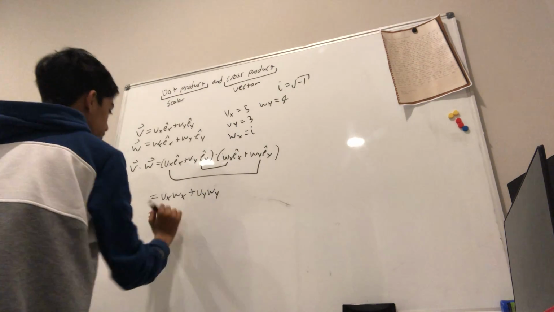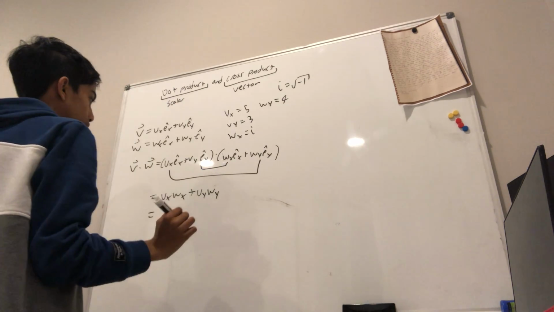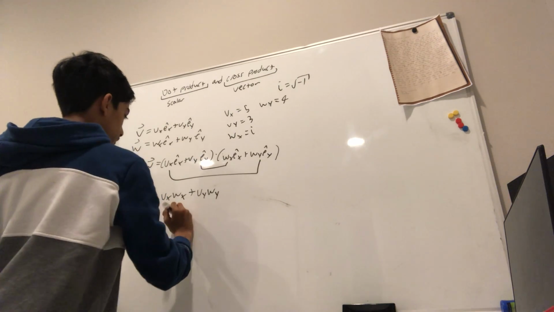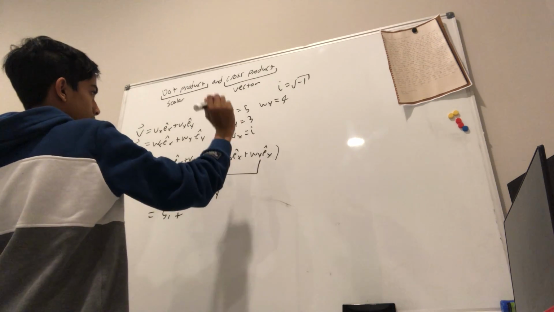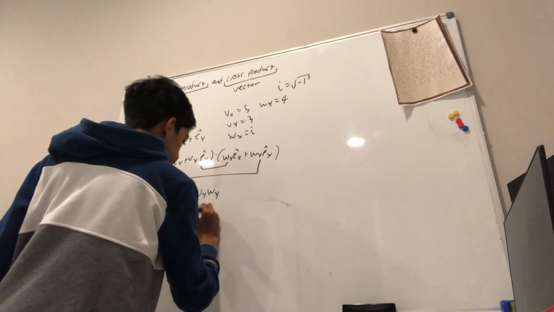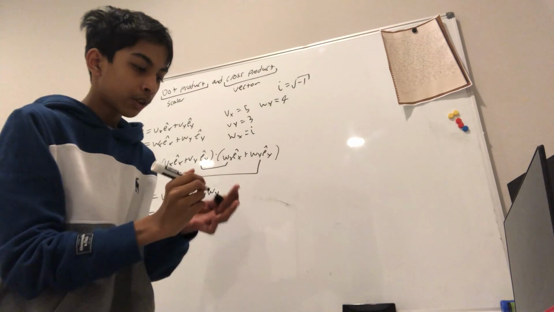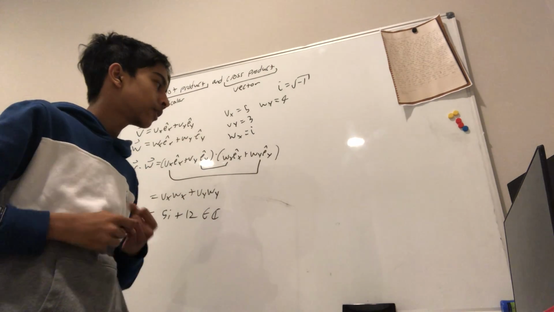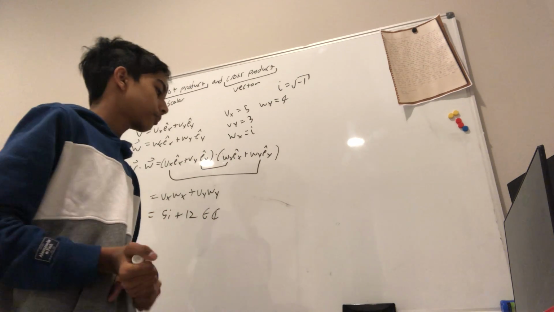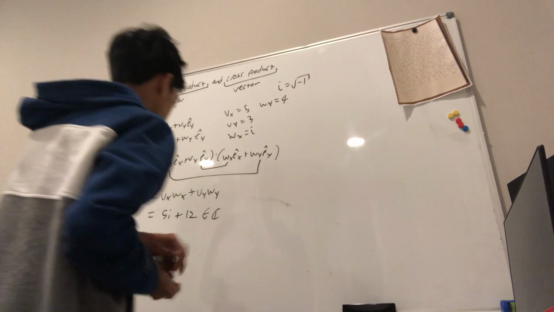So this formula would just tell us that the dot product between the two vectors would just be vx times wx, which is 5i, plus vy and wy, which is 12. And as you can see, this yields a complex number because anything that's in the imaginary plane is going to be considered a complex number, or rather imaginary number. But I'll just call it a complex number because it's easier.